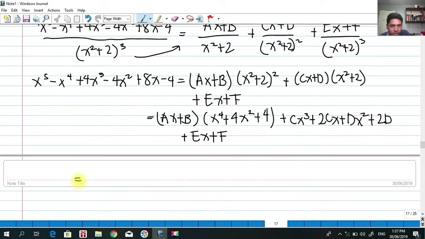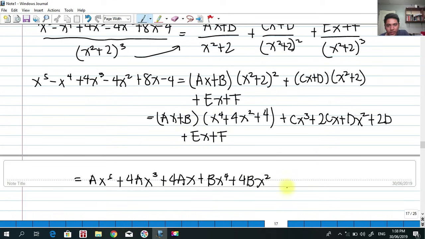And if we distribute ax plus b by multiplication, let's start with ax times x to the 4th, that is ax raised to 5, plus 4ax cubed, ax times 4x squared, times ax times 4, that is plus 4ax, and again bx raised to 4, b times 4x squared, that is 4bx squared.